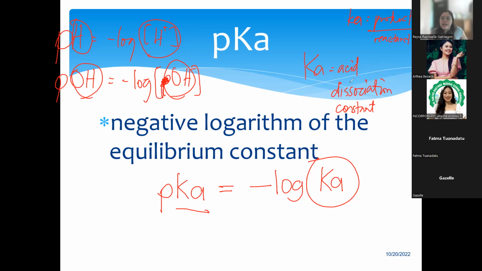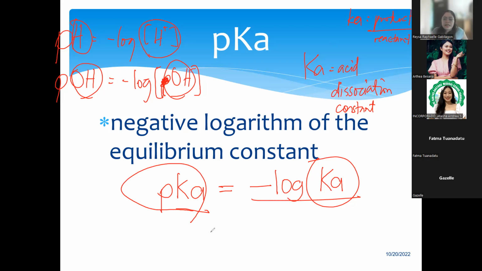So again, Ka is the acid dissociation constant, and it will indicate whether the acid is strong or weak. Okay, so if we're going to compute for the pKa, we will be using this formula.